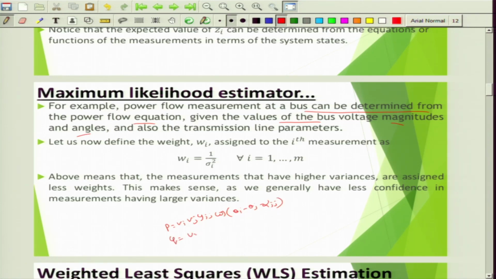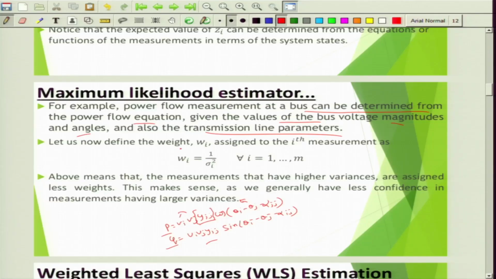Similarly reactive power flow is Vi Vj Yij sine of (theta i minus theta j minus alpha ij). So power flow depends upon voltage magnitudes and the phase angles, whether active or reactive power. So these are the state variables here, and it also depends upon transmission line parameters. Here that is taken care of by this Y matrix, correct. Having known the voltage magnitude, phase angle and the transmission line parameters, you would be able to find out what the line flow is, right.